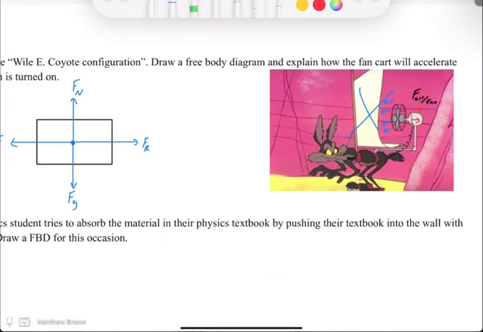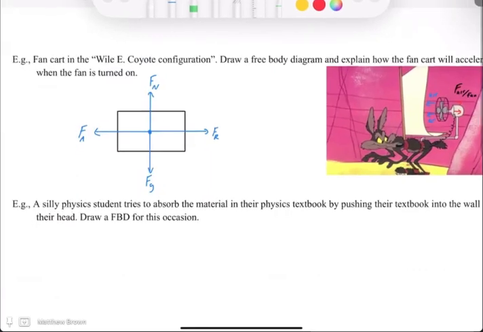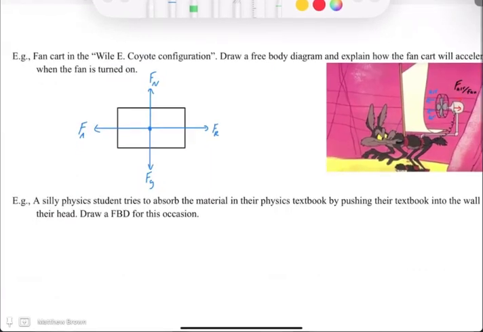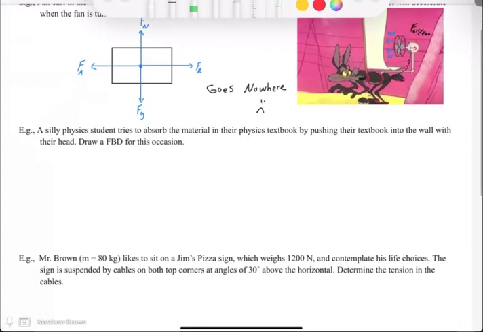The problem is there is a sail there, so the air molecules hit the sail, and that applies a force in the forward direction, and as a result, this thing goes nowhere. A neat device to study.